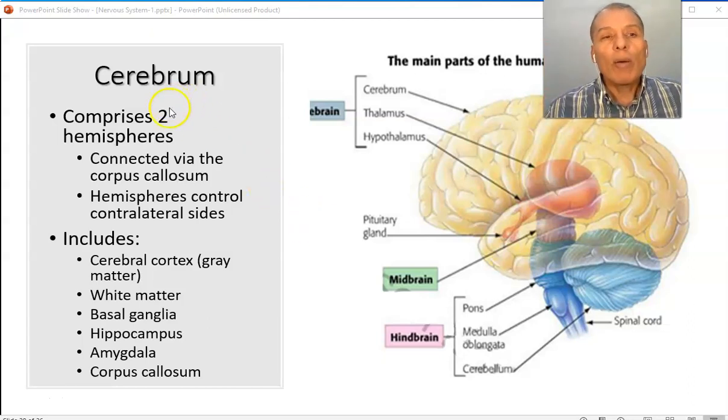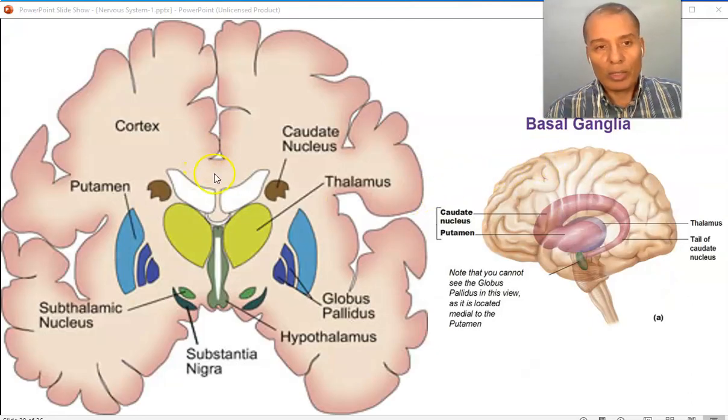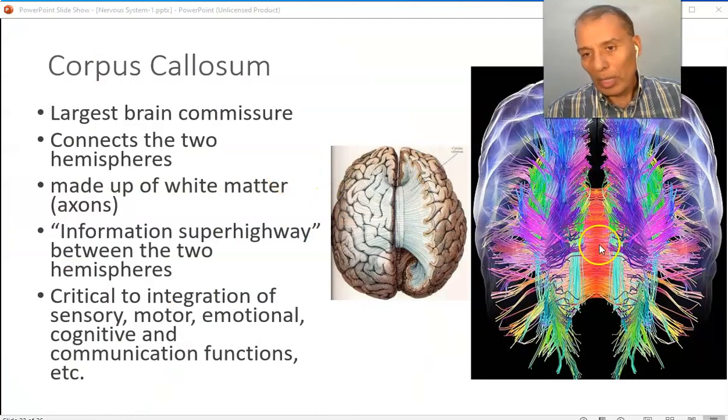So the cerebrum has two hemispheres, the right hemisphere and the left hemisphere, and the connection between the two hemispheres is called the corpus callosum. It is like a bridge that connects the right hemisphere and the left hemisphere.